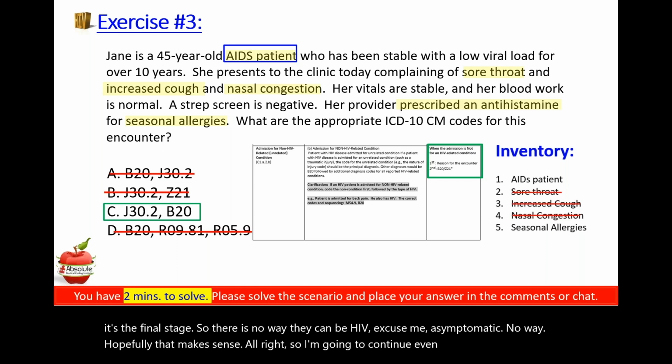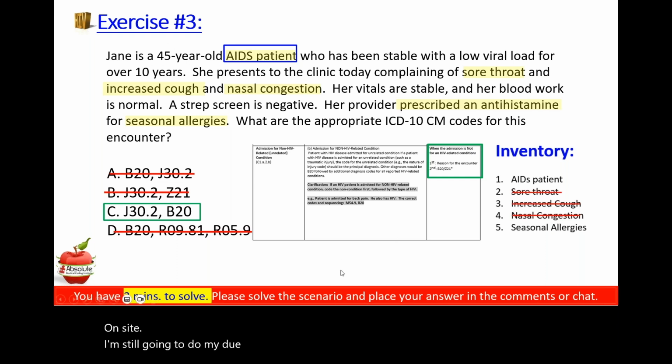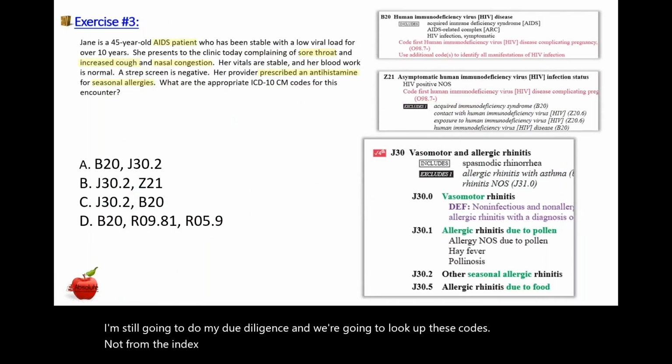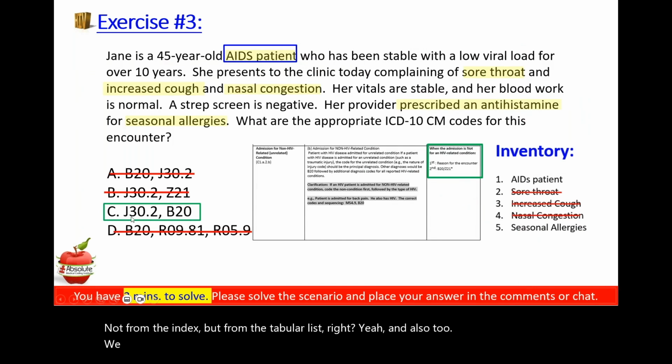Even though we can eliminate these wrong answers on site, I'm still going to do my due diligence, and we're going to look up these codes. Not from the index, but from the tabular list, right? Yeah. And also, we know that this J code is a respiratory code, right?